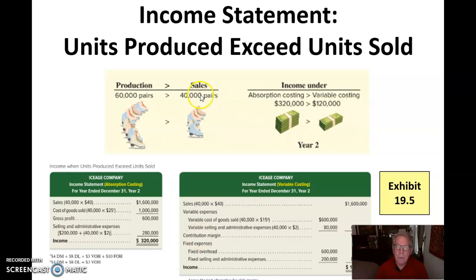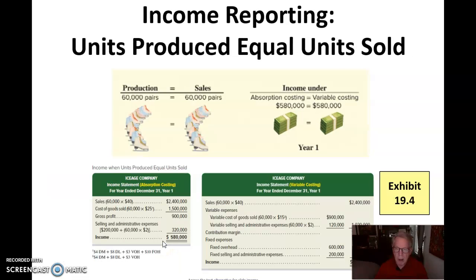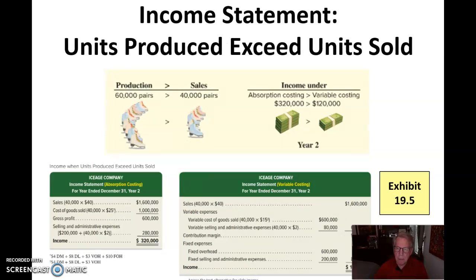So now we're going to produce more than we sell. And in this case, you can see that our income under full absorption costing was 580,000.